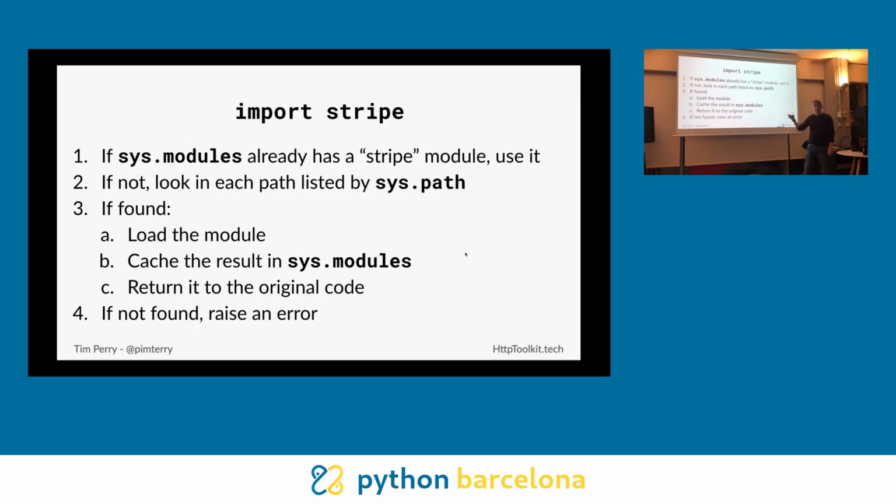One by one, it will step through these, and if it finds the module, it loads it, it caches it in sys.modules so that later requests don't have to load it, and then it returns it. And if it loops through all of the paths and it doesn't find anything, it throws an error and says, cannot import module.